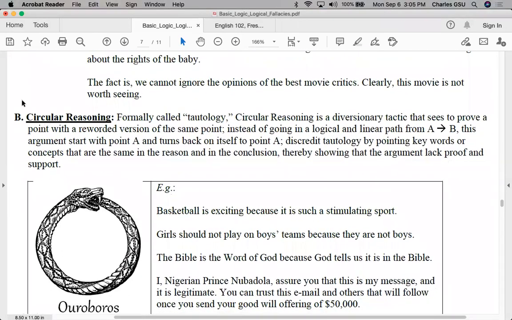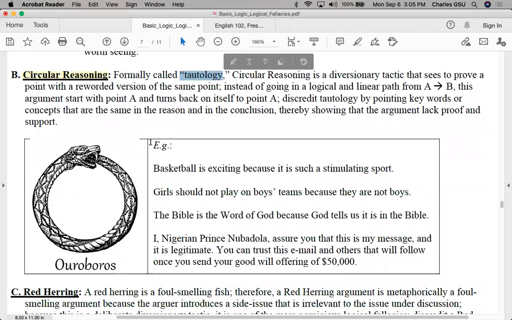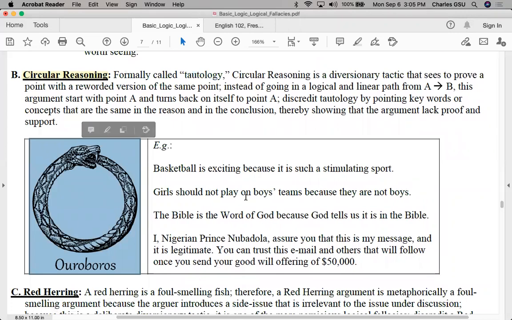Okay, circular reasoning. This is the fancy word, as I mentioned a moment ago, called tautology in Latin. So I've represented this here with the Ouroboros, this ancient symbol of the snake or dragon eating its own tail.